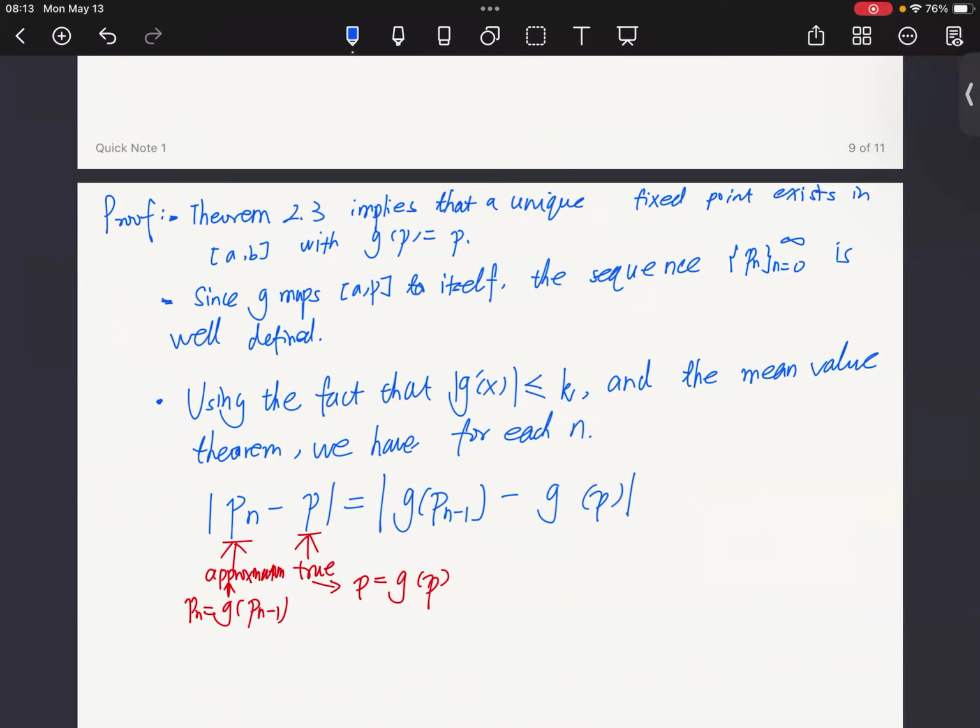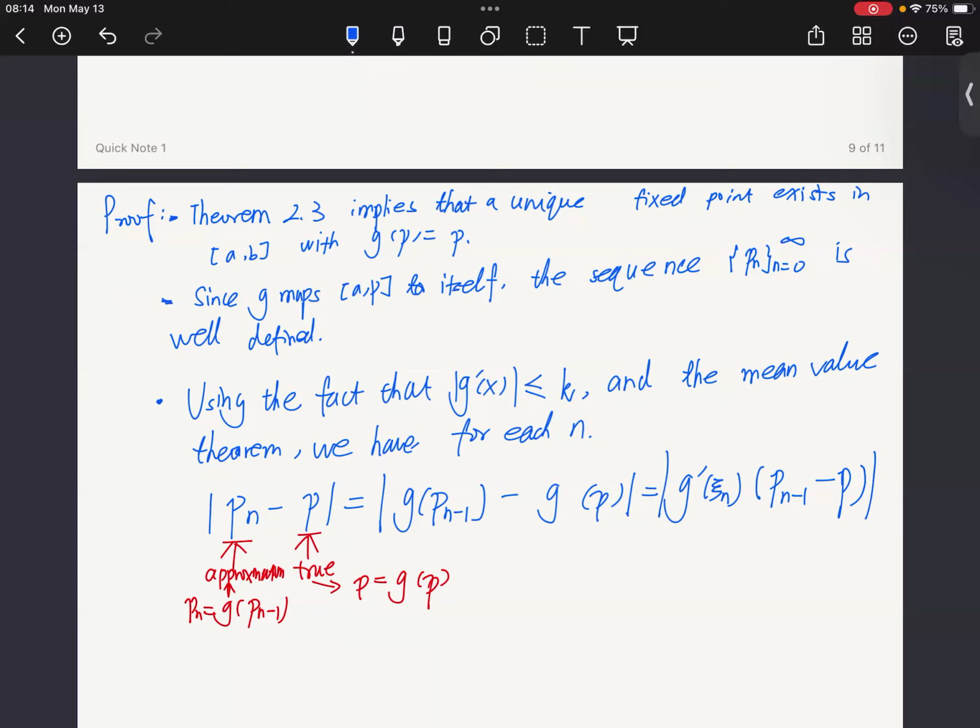For this one, we are going to apply the mean value theorem, and then there is a point Cn such that we get G prime evaluated at Cn, times the difference between Pn minus 1 and P. This is the mean value theorem.